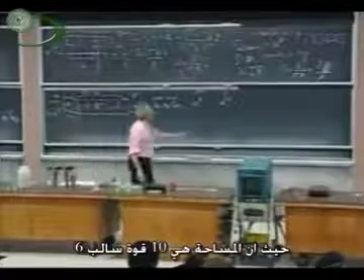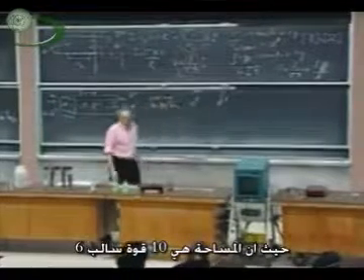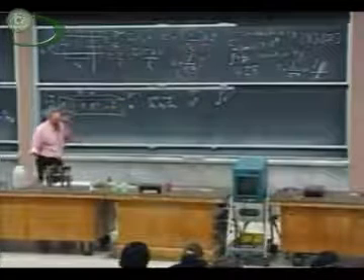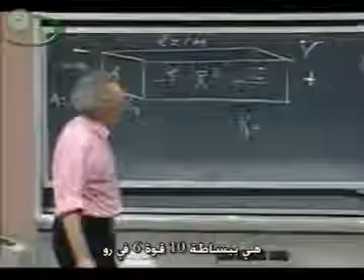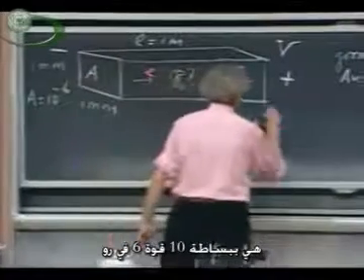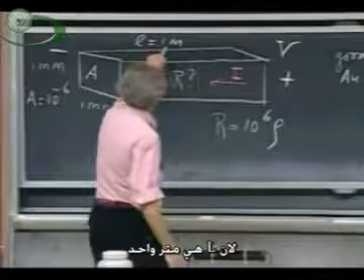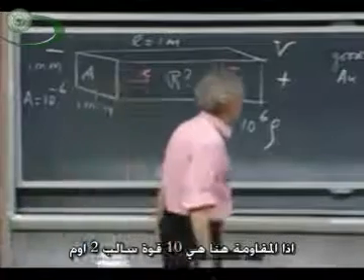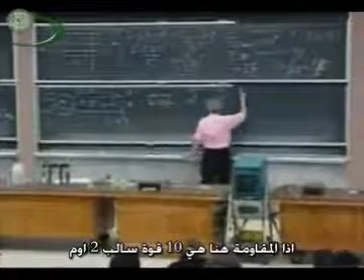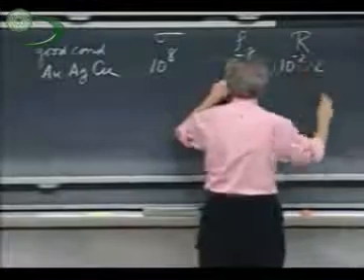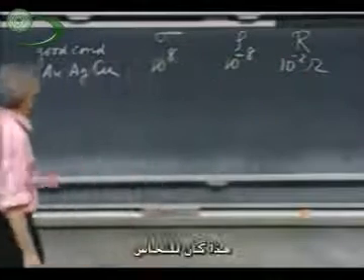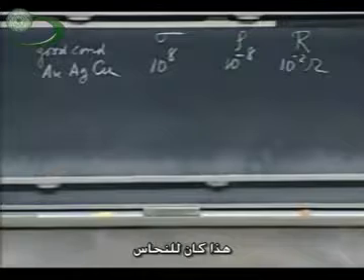And so in this particular case, since A is 10 to the minus 6, the resistance R is simply 10 to the 6 times rho, because L is 1 meter. So it's very easy. The resistance here, R, is 10 to the minus 2 ohms, 1/100th of an ohm. For this material, if it were copper.